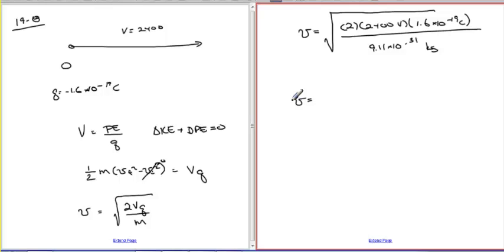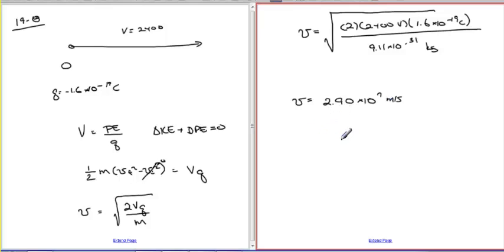Two times 2400 times 1.6 e to the minus 19th divided by 9.11 e to the minus 31. Raise that to the half power, and I get 2.90 times 10 to the 7th meters per second. So that's the velocity.